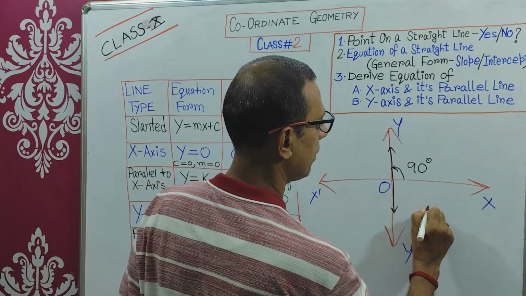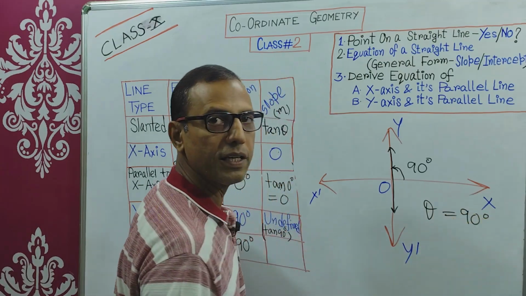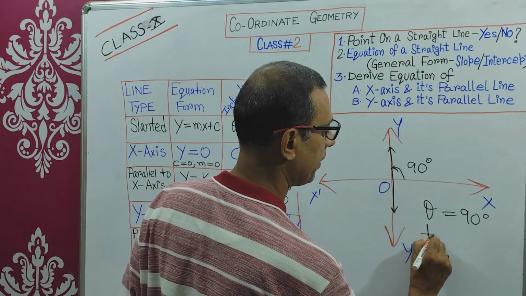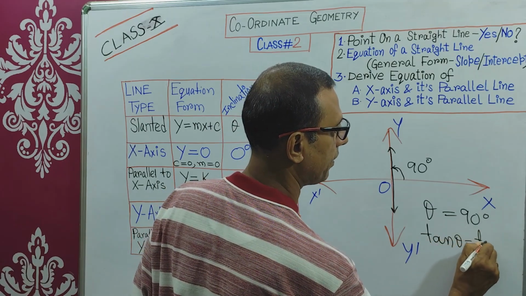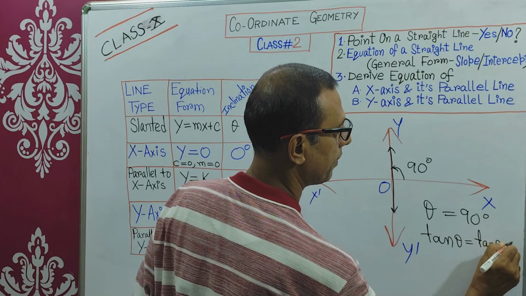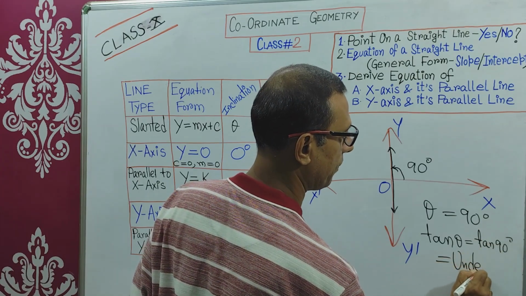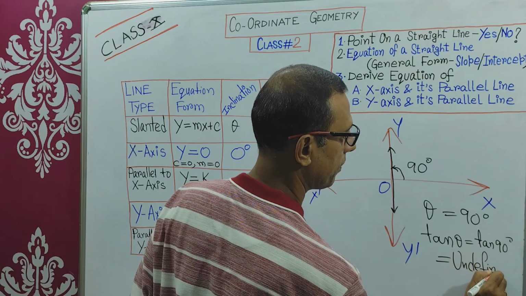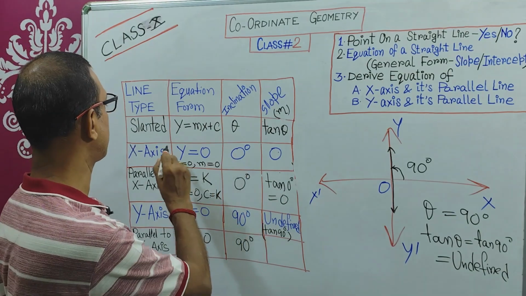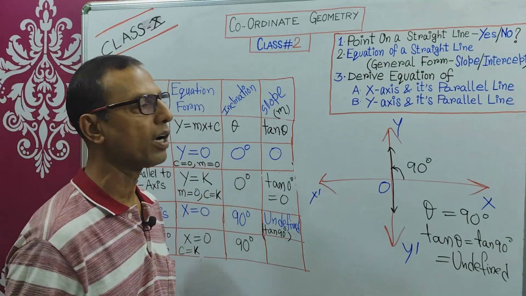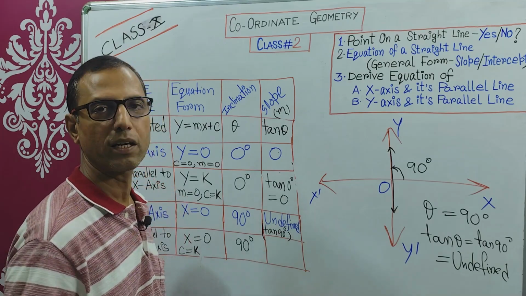That means inclination theta equals 90 degrees, so tan theta equals tan 90 degrees, which is undefined. Therefore, you should not utilize the y equals mx plus c formula to find the equation of the y-axis or a line parallel to the y-axis.